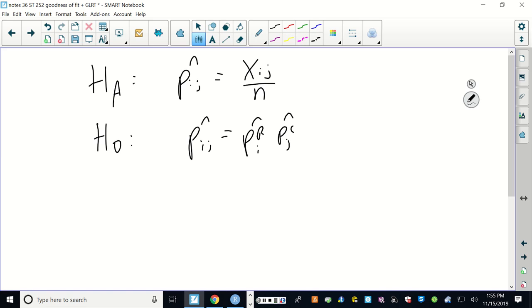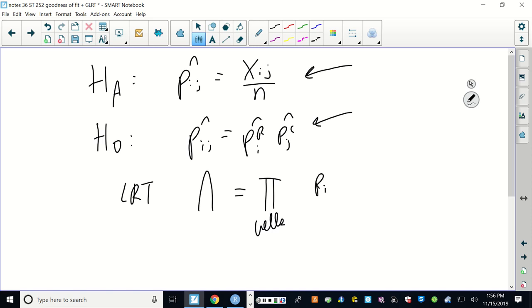And so the likelihood ratio test would say take the ratio, right, take a product over all the different cells in our table of the model, the likelihood using those, divided by the likelihood using those. And so we put this in the numerator, and we put this in the denominator. That's raised to the xij, right, because that's how many times we're in i by j.